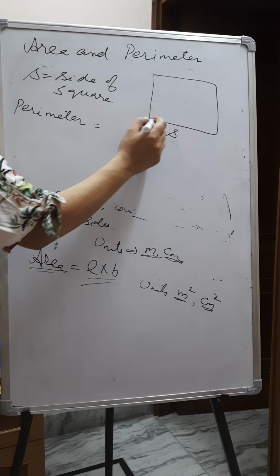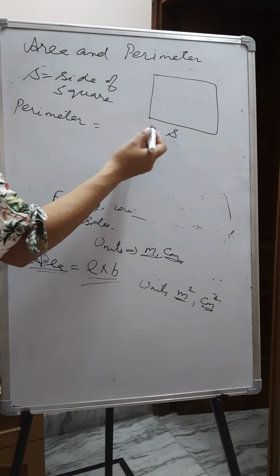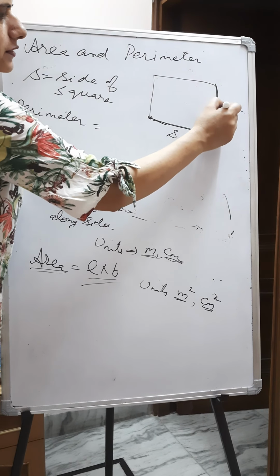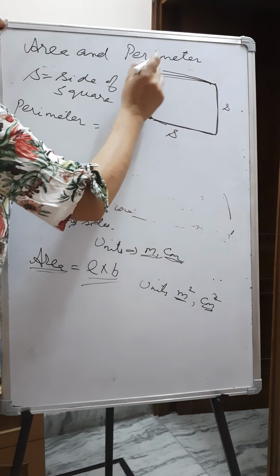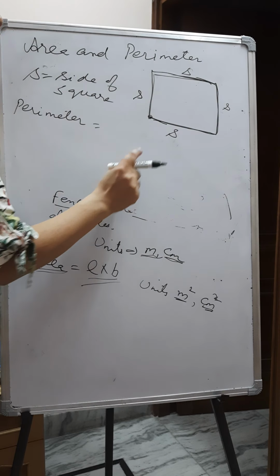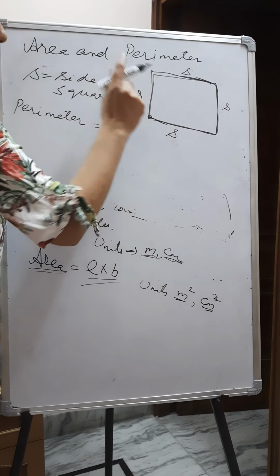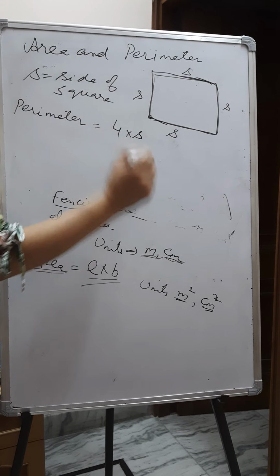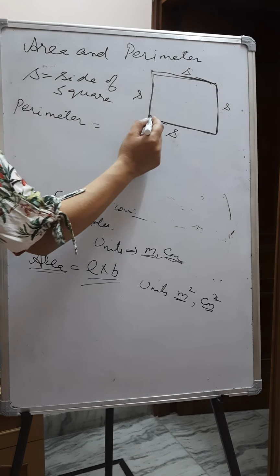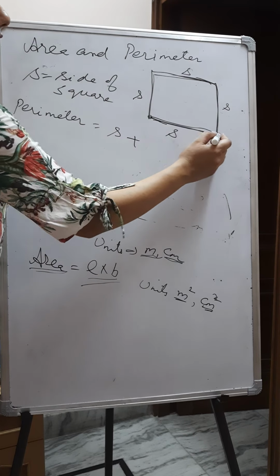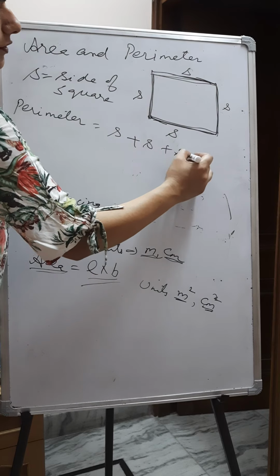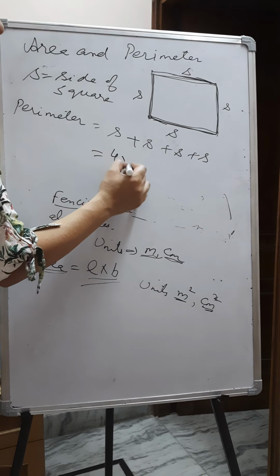If I ask a person to start running from this point, he will run along this side S, along this side S, this side S, along this side S. How many S has he run? 1, 2, 3, 4. It is 4 into S, 4S. Total 4 into S.